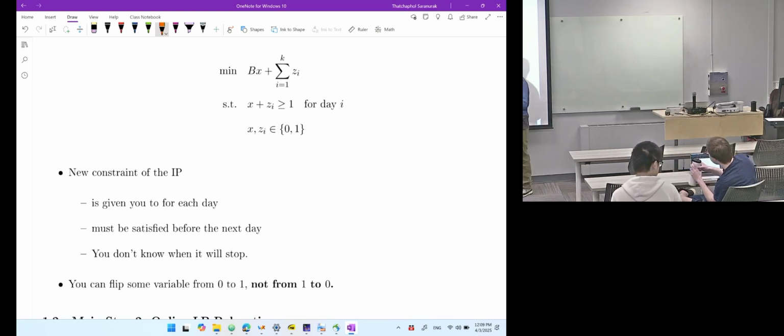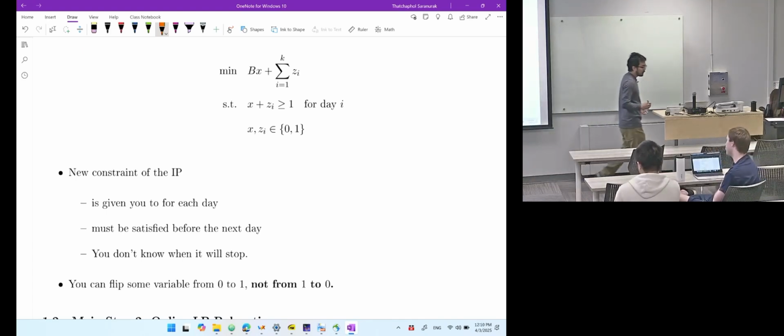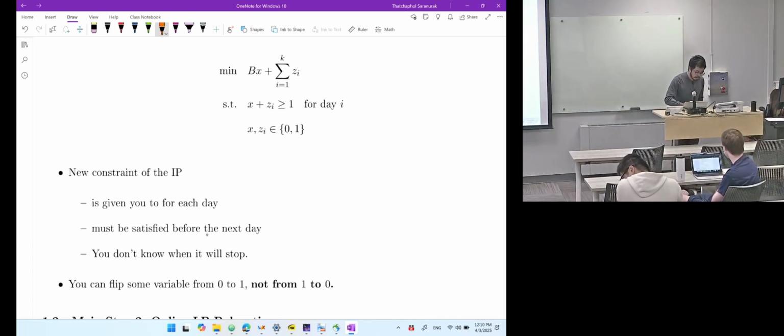On the first day, the constraint for day 1 appears and you need to certify it. Then you don't know if there is a next day, but if there is, then the new constraint comes and you need to satisfy day 2 too, right? So the new constraint is given to you per day, and you must certify it before the next day comes. You don't know when it will stop.